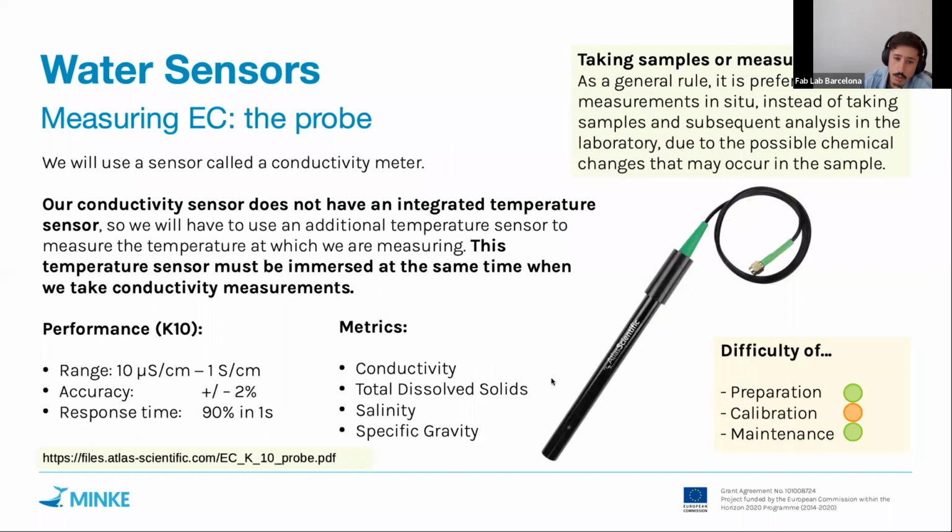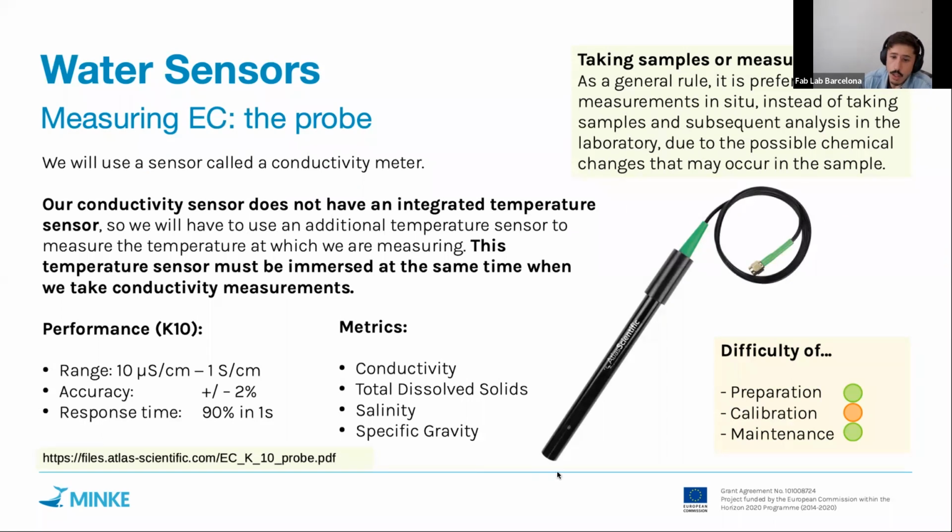How do we measure conductivity? So we will use probes. In this case, you will see that probes have different ranges, and most of you have requested what we call the K10 or the K1 range, which is a fairly normal range for freshwater or seawater as well.